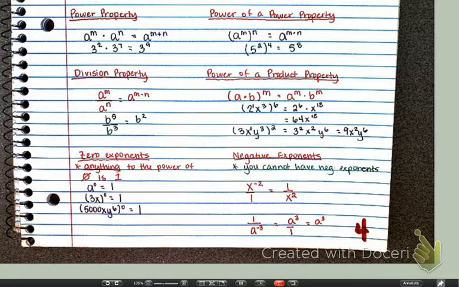Okay, so wherever the negative exponent is, it's going to flip. Now, I made it slightly confusing because of that 1, but we're going to look at that more tomorrow. But for right now, where that negative exponent is, it's going to flip. Okay? All right.